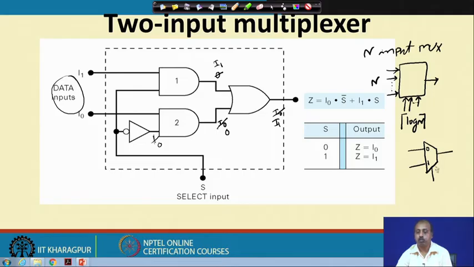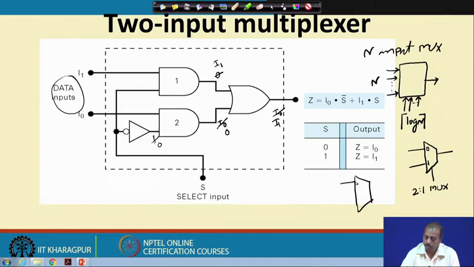This is a 2-to-1 multiplexer, or 2:1 multiplexer. There are several names.